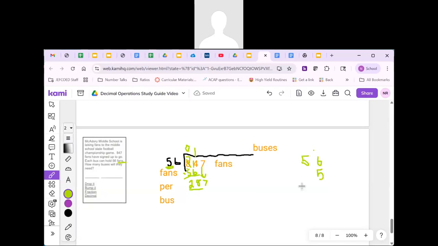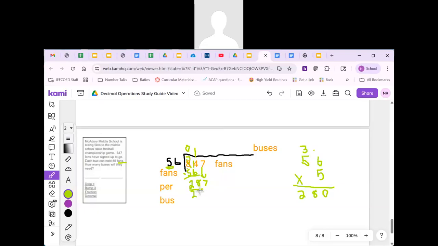That's going to end in a 0. I don't know. Let's look. 5 times 6 is 30. Regroup the 3. 5 times 5 is 25, plus 3 is 28. Oh, that is it, y'all. Awesome, right? So now I'm subtracting 280.